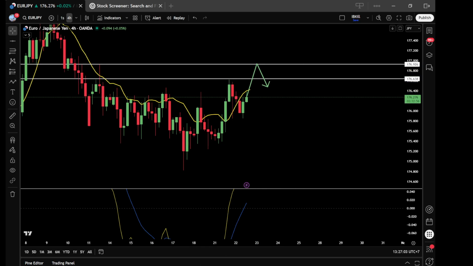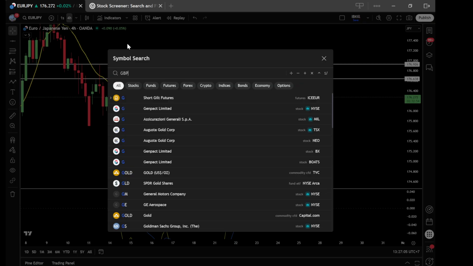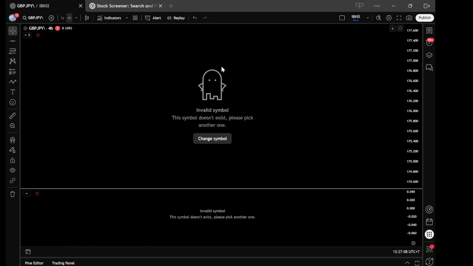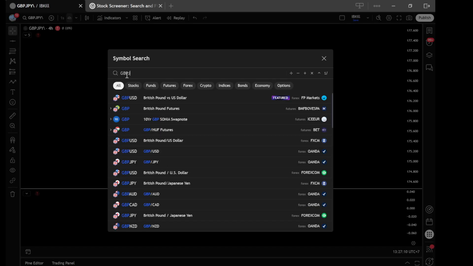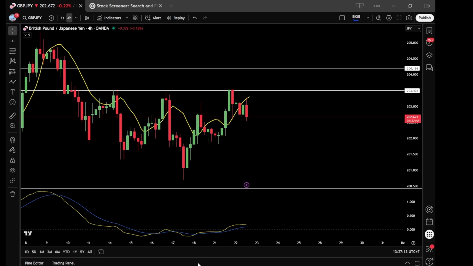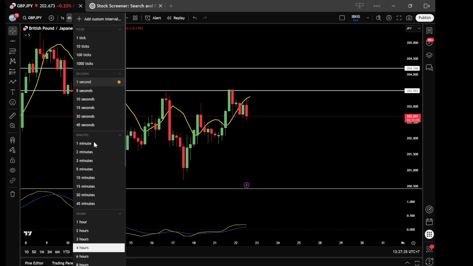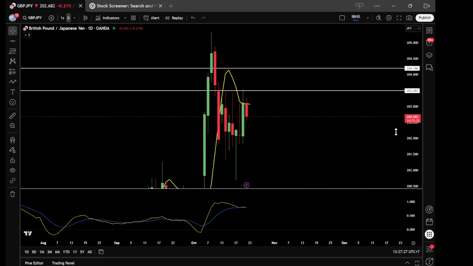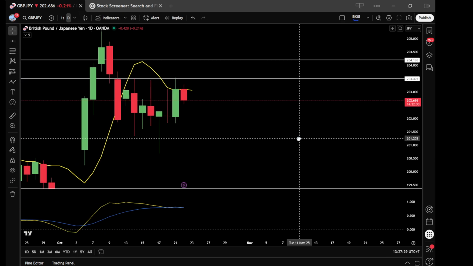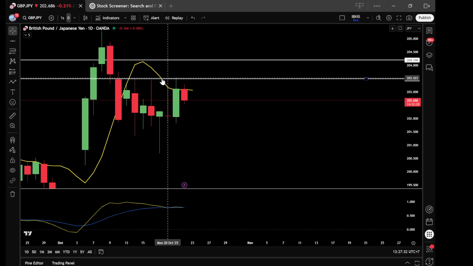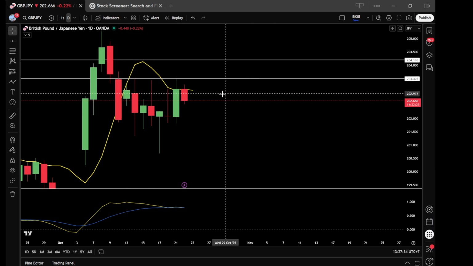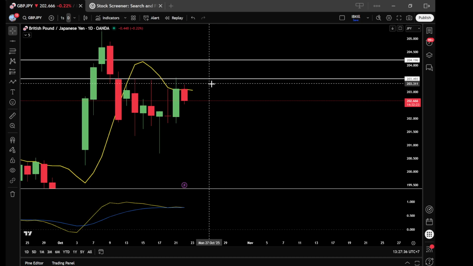So EURJPY looking to sell. British pound JPY was another one from yesterday. Let's see what's happening with it today. Yesterday's trade idea was to sell this at this resistance here, 203,500.